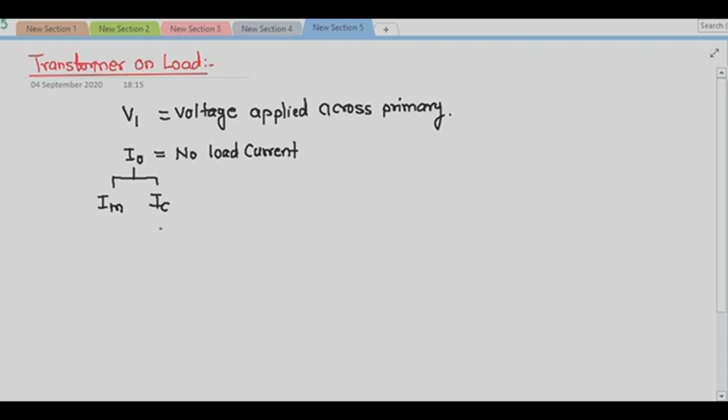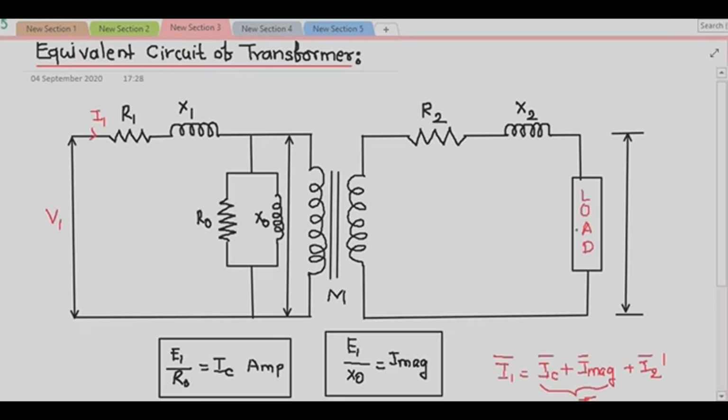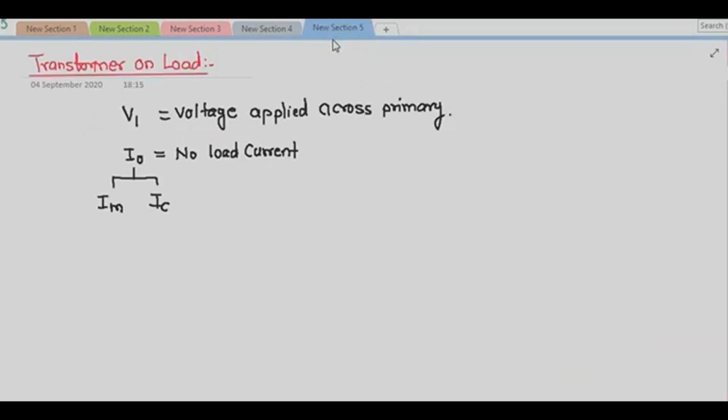And the other component is IC. The other component of I0 is IC, which is called the core loss component. This component will provide the core losses, right? So now if the load is put on the transformer by connecting an impedance of finite value across the secondary winding, what will happen?